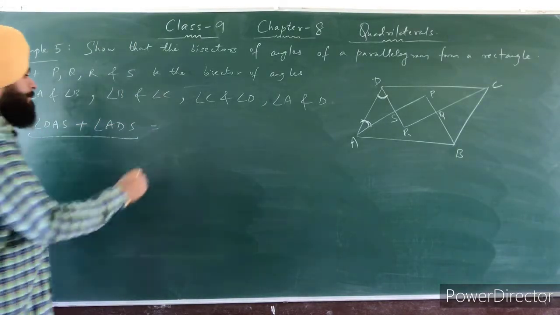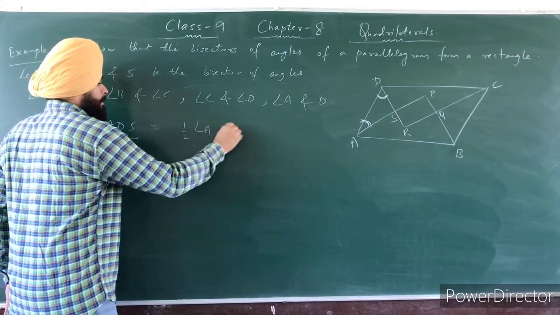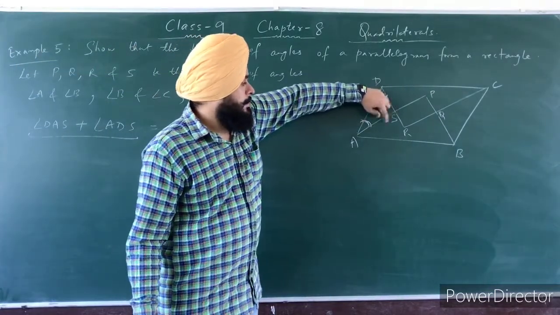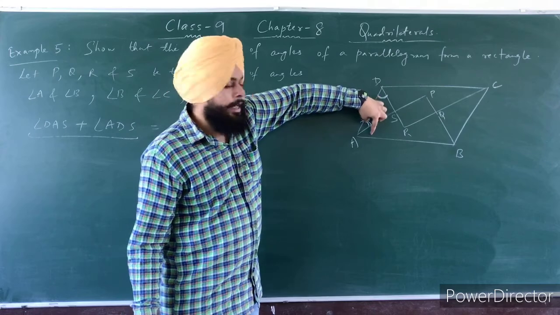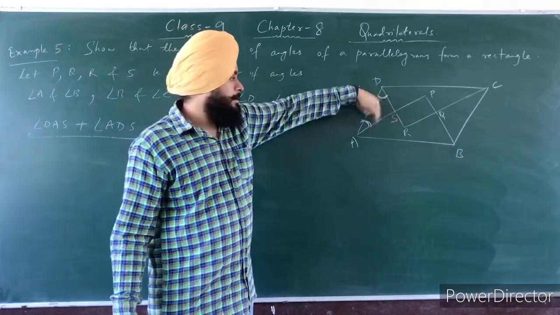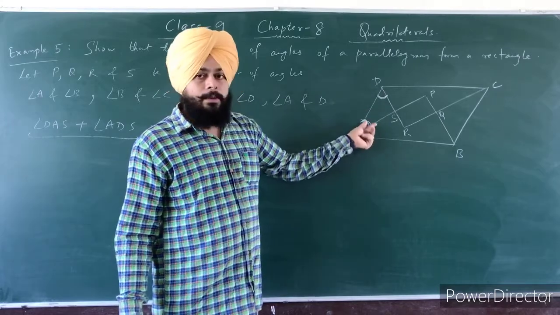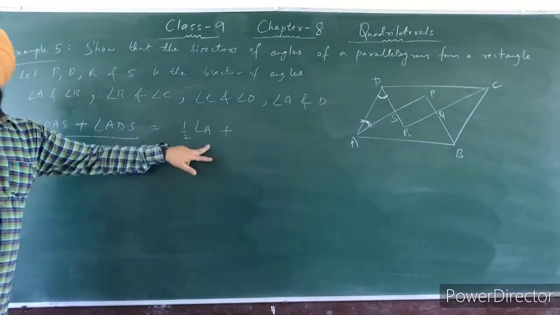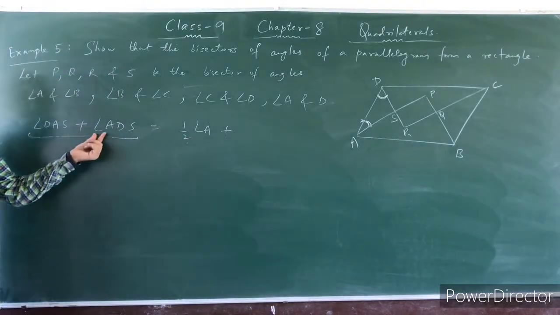It is written as half of angle A. This angle DAS is half of angle A because this AS is a bisector. If AS is a bisector, then these two angles are equal. So you can write angle DAS as half of angle A plus angle ADS.